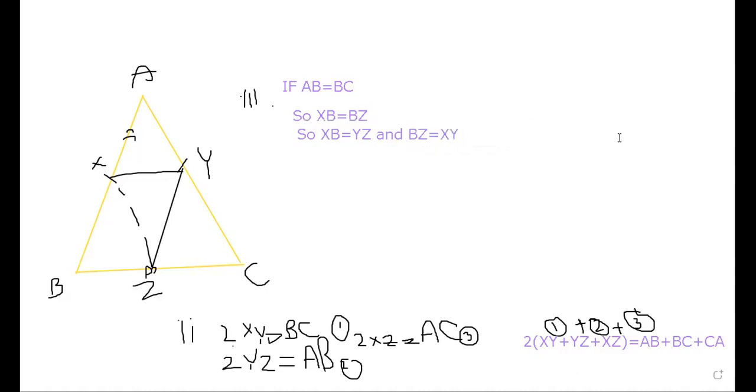So XB equals YZ and BZ equals XY. So finally we can say that XYZB is a rhombus. This is the final answer.